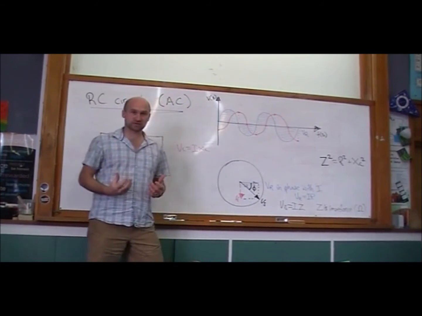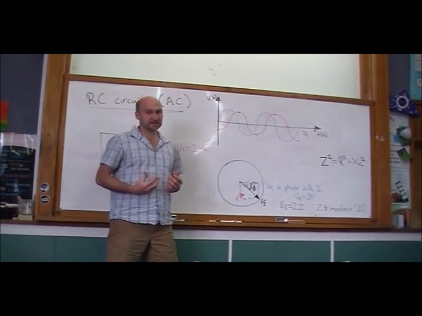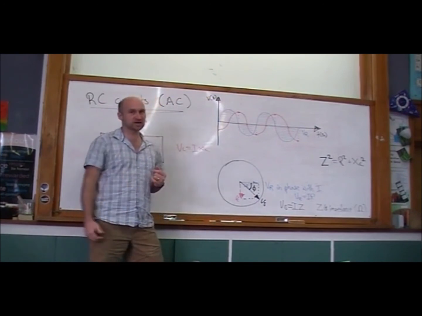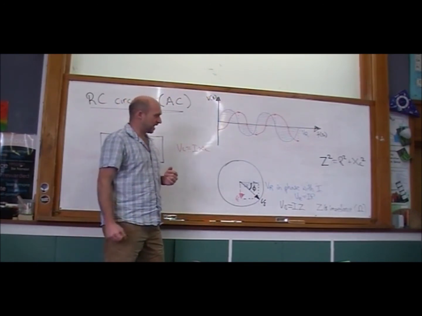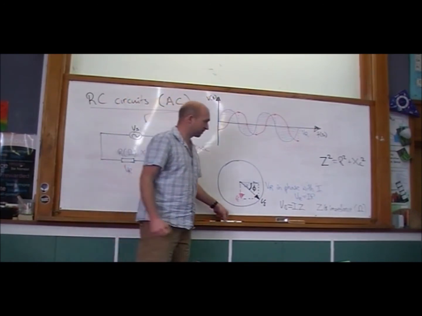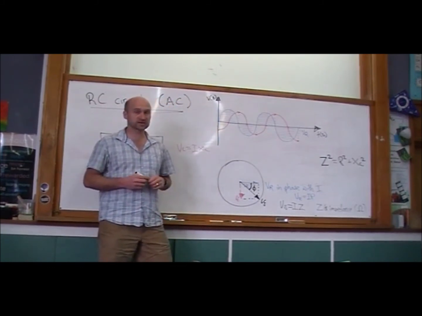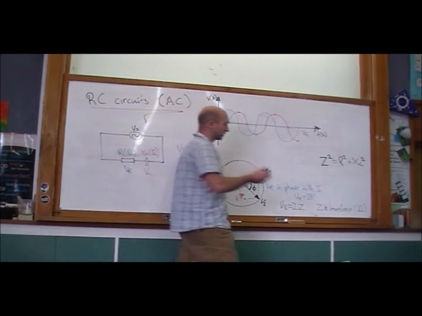So useful things to remember are that at any point in the circuit, because it's a series circuit, the current must be constant, and the current is always going to be in phase with what the resistor voltage is doing.